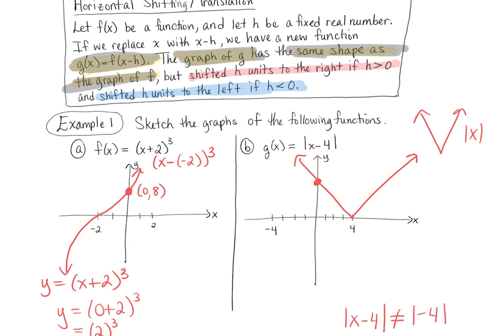Here, to find your y-intercept, you set x equal to 0, and you get y equals the absolute value of 0 minus 4, and that's the absolute value of negative 4, which is 4. So that's how we got our y-intercept.